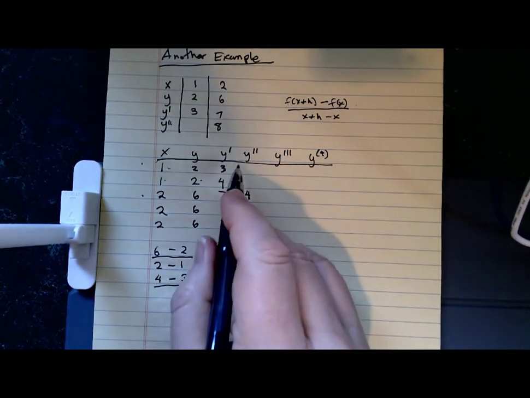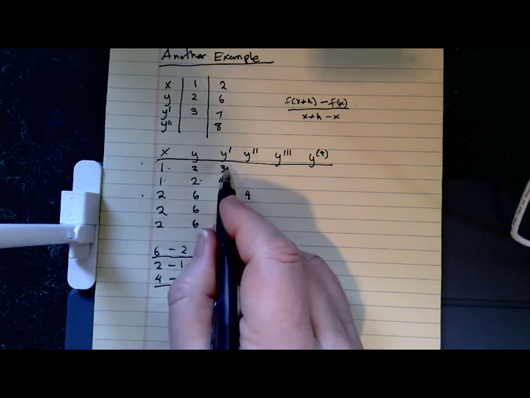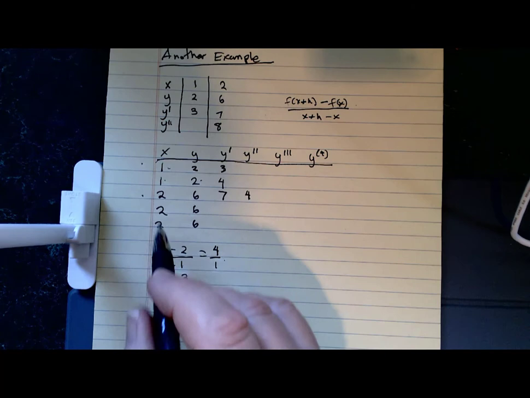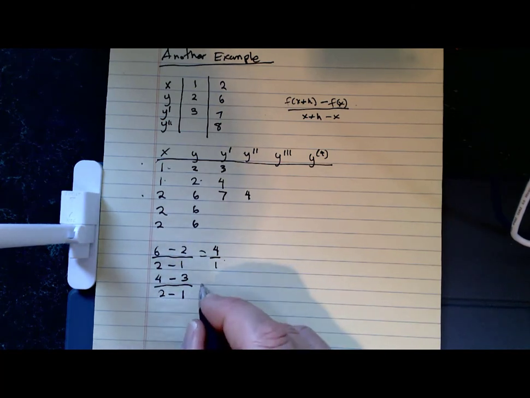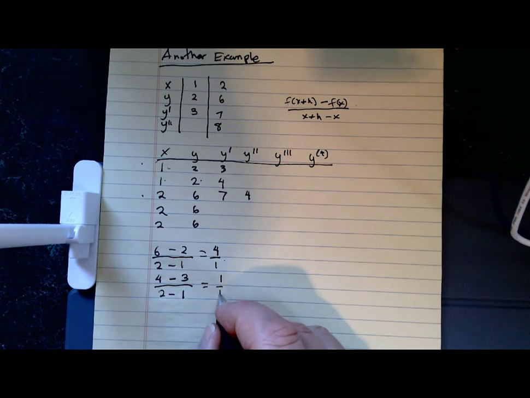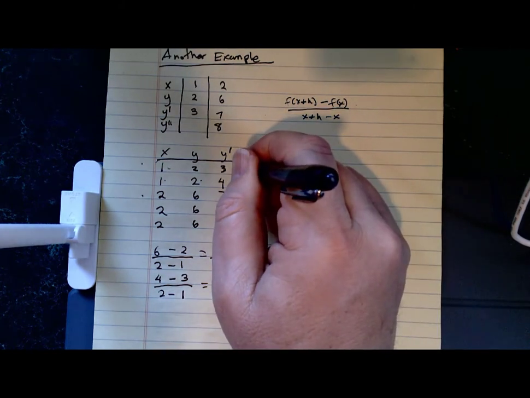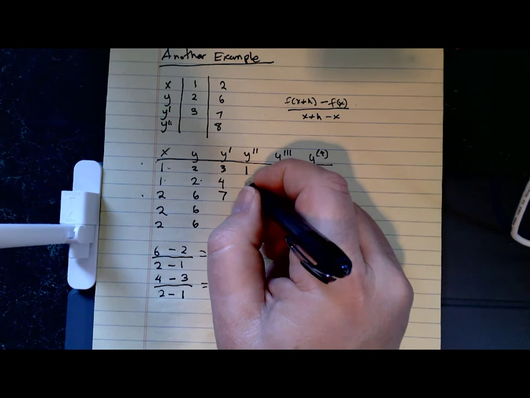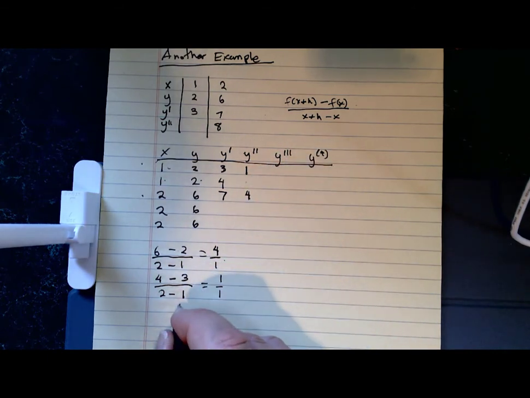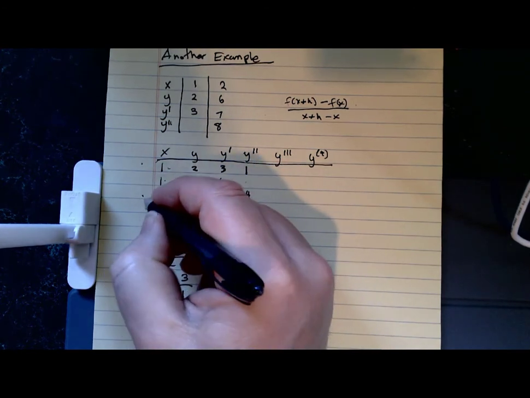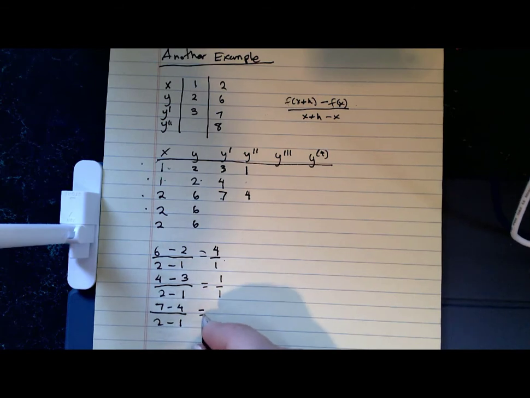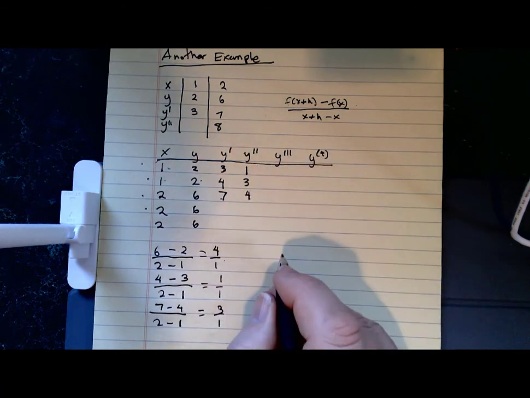So that 1, this 1, okay, but that's a 2, so 2 minus 1, so this will be 1 over 1, and so I will have a 1 here. Okay, now I need to calculate this. Well, okay, that 4, 7, so 7 minus 4, and this 1, and then a 2 minus 1, 2 minus 1, and so this will be 3 over 1, which will put me a 3 here.